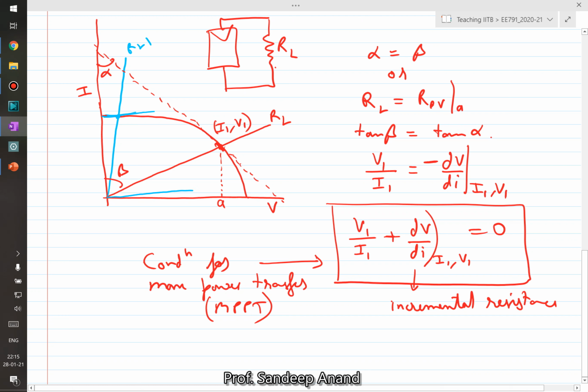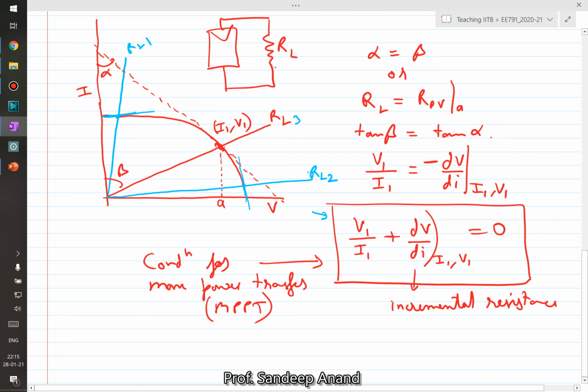Again, if you take a very large value of load resistance RL2, then the angle alpha is going to be very, very small, but the angle beta is almost tending towards 90 degrees. So somewhere in between RL1 and RL2, you will have an RL3 wherein this condition would be met, and that is going to be the point of maximum operation.